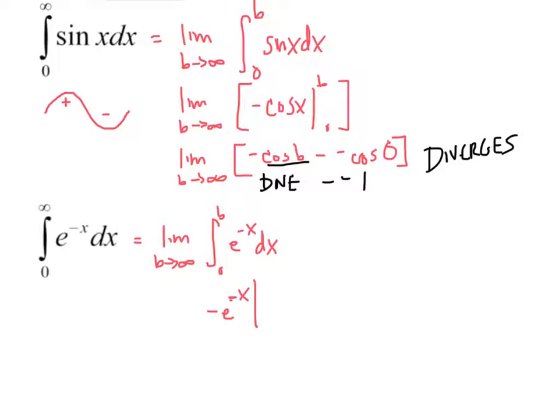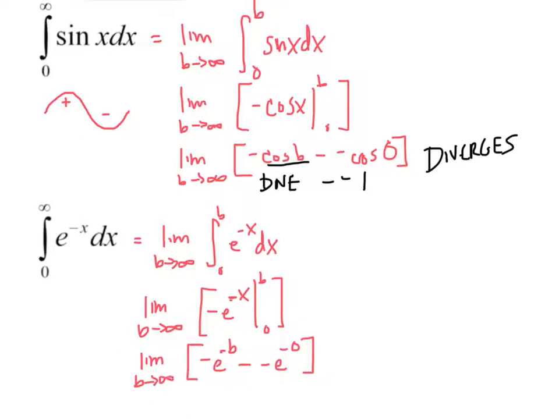Evaluate b at 0. Plug it in. Now, of course, e to the 0 is 1, so this is -1. That works.